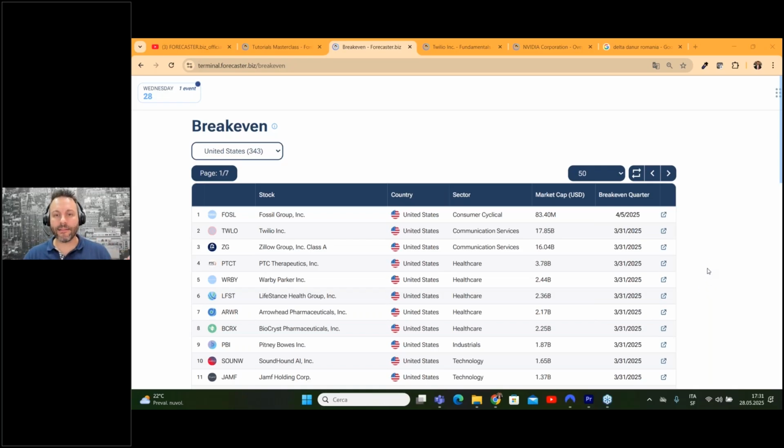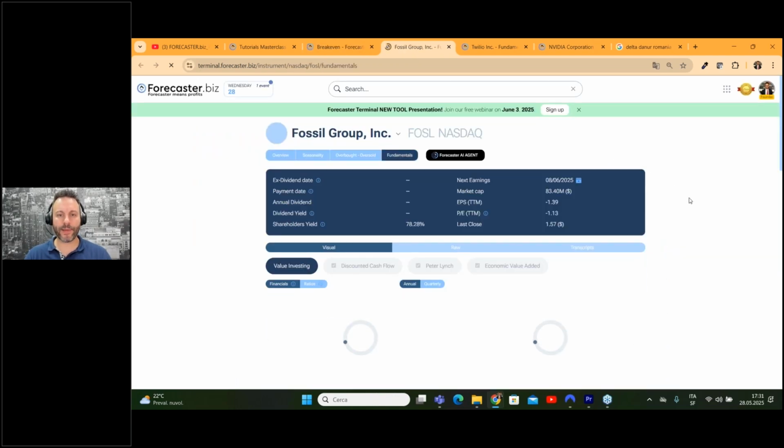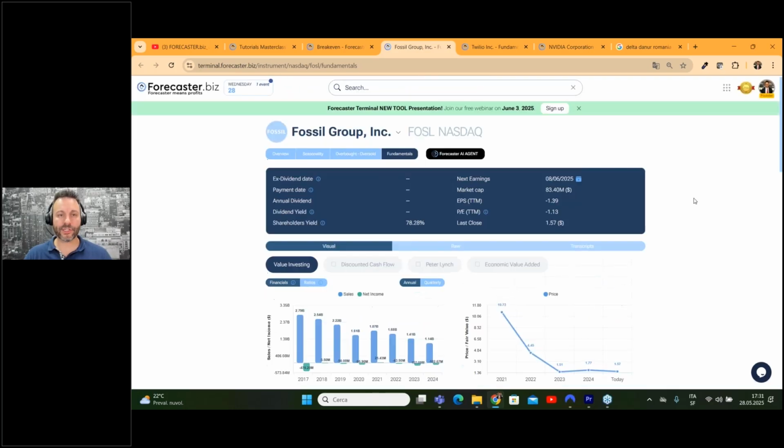And if it matches these characteristics, it goes directly in this page. For example, at the beginning of the month, we added a new participant to the break-even page. I'm talking about Fossil Group.